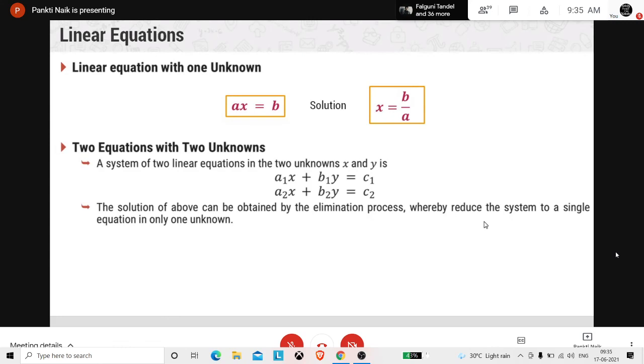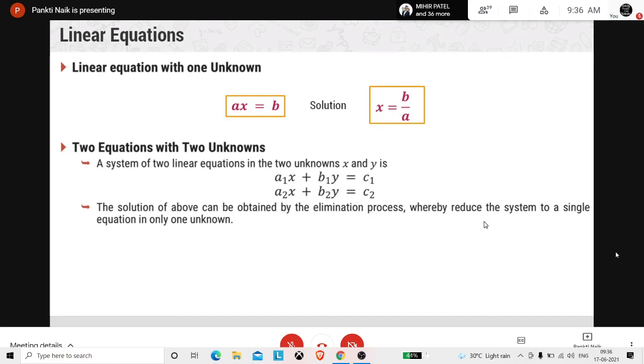Now to solve linear equations, you can use the method as I said. If the equation is ax is equal to b, then the solution for this equation is x is equal to b by a, right? If there are two linear equations, then you can solve such linear equations.